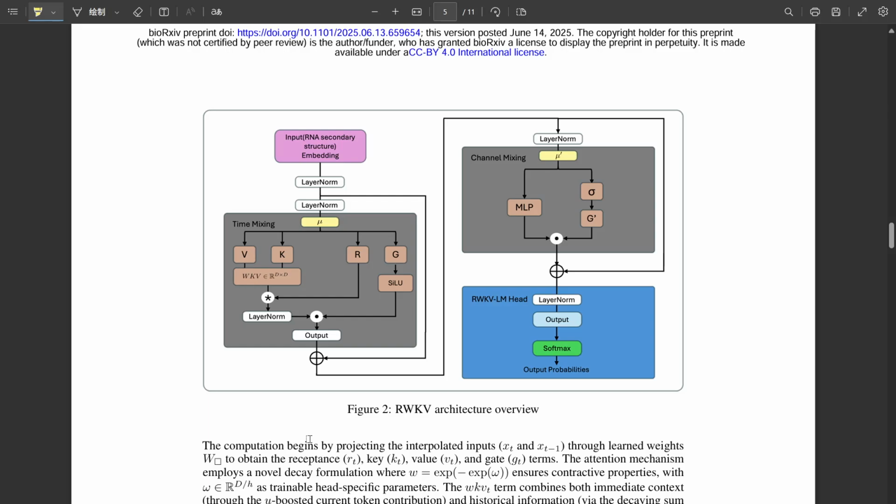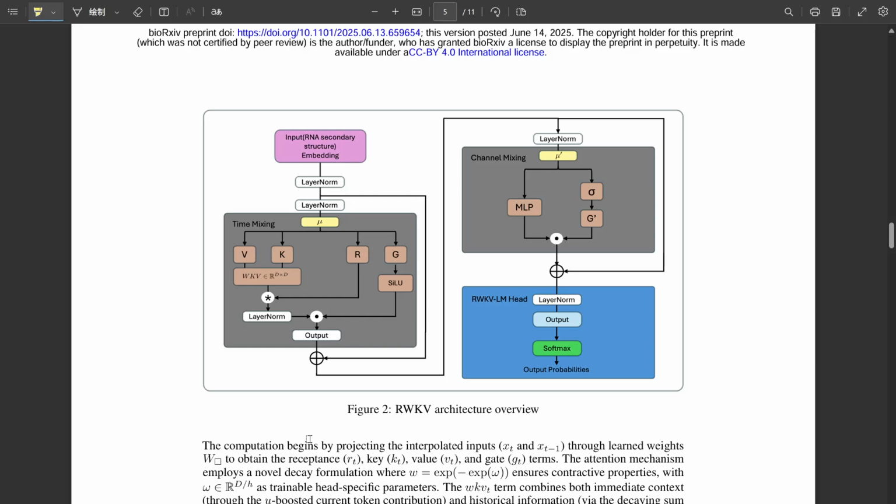I think this work really highlights the immense potential of lightweight generative models in advancing computational RNA design. It's not always about bigger being better. Right, the attention-free aspect. Exactly. It opens up new directions for scalable and flexible biomolecular sequence generation.